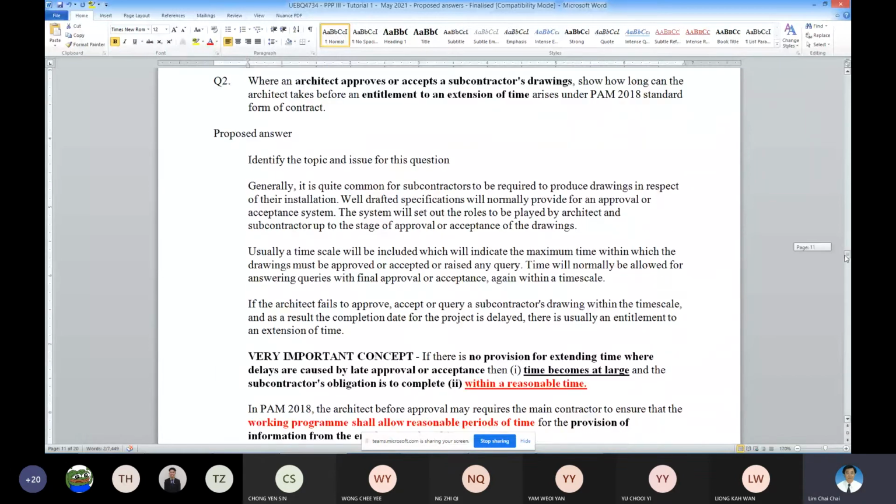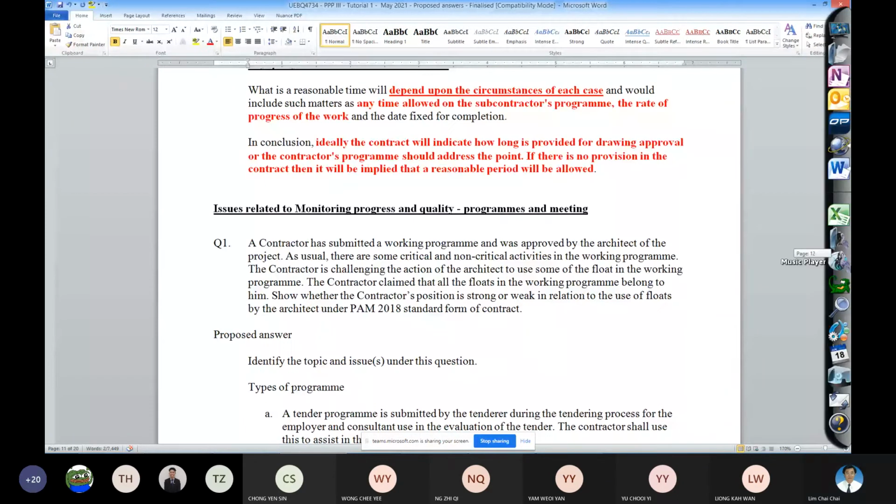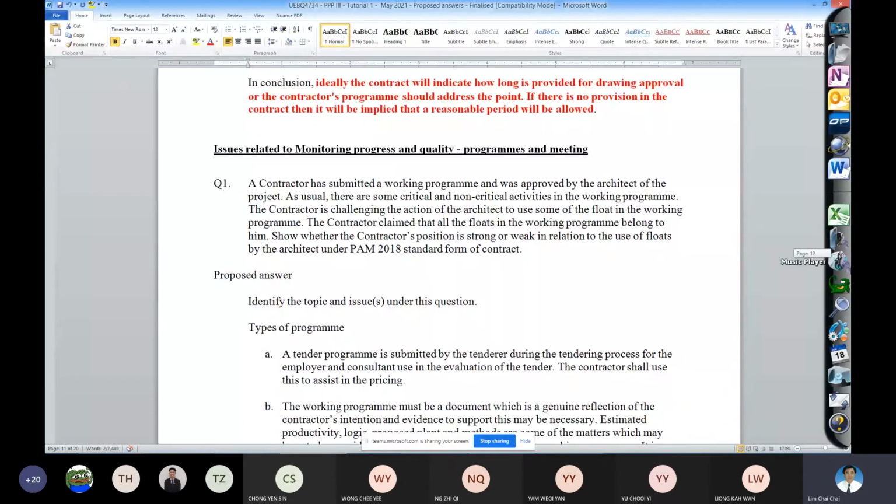Yeah. So I jump to another question. This one, architect approval of this thing, if you want, you do it up yourself. If not, then I will come back to this one. So now I go to the next part on program.